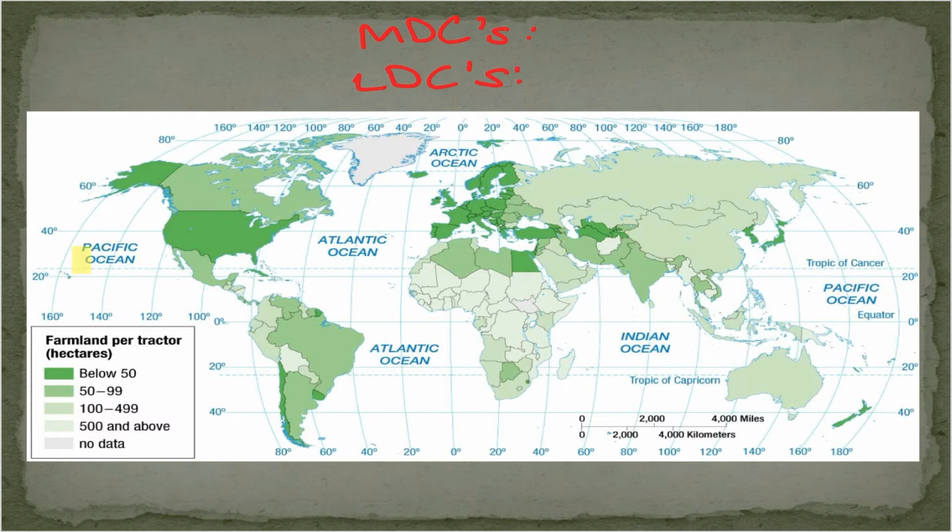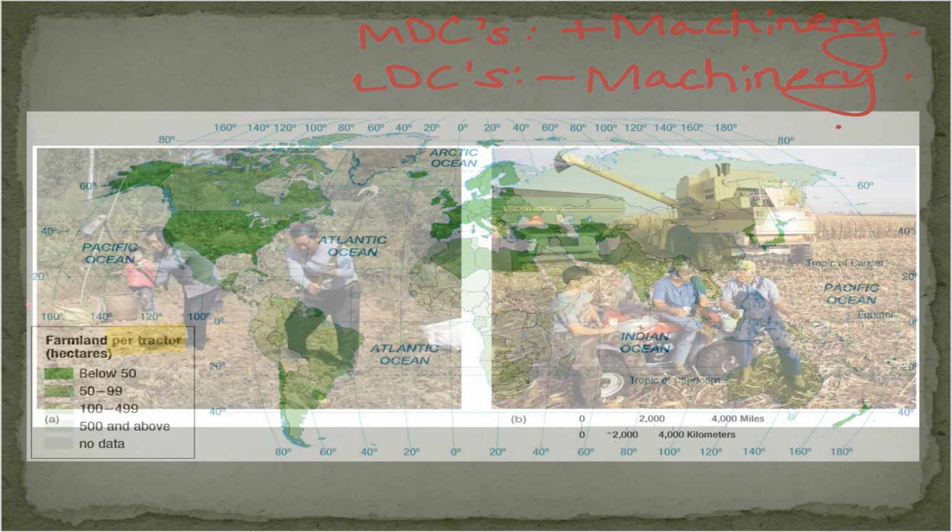So the reason the measurement is farmland per tractor is to denote the amount of tractors, or in general just machinery in agriculture, the countries have. So in more developed countries, you have more machinery, and in less developed countries, you have less machinery. So you will see a lot more hands rather than technology.